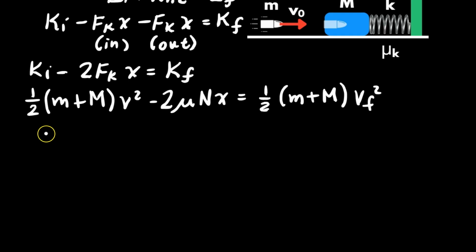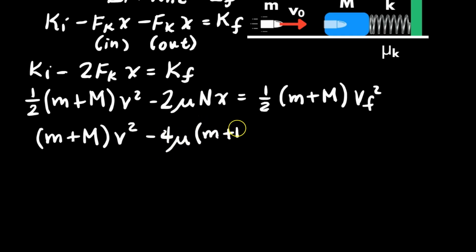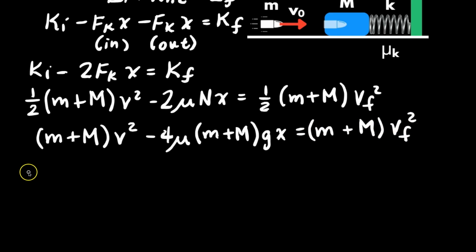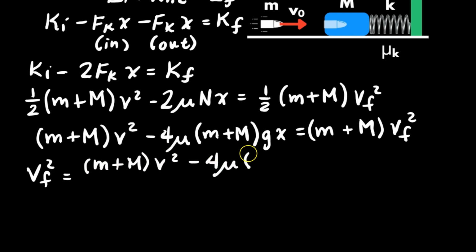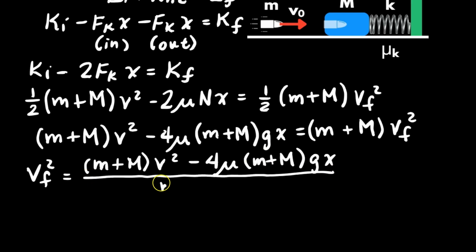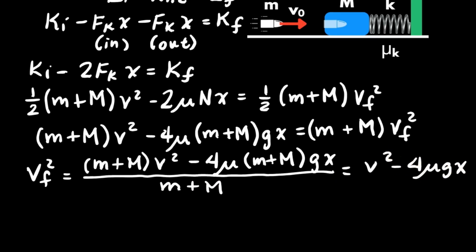Next, we're going to multiply both sides by 2, and that gives us (m plus M) v squared minus 4 mu (m plus M) g x equals (m plus M) vf squared. We're looking for vf, so we divide both sides by (m plus M), and we get that vf squared is equal to (m plus M) v squared minus 4 mu (m plus M) g x, divided by (m plus M).